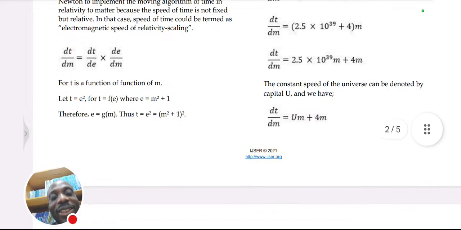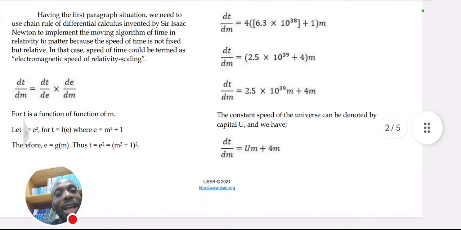Therefore, E is a function of gravity, or a function of GM. Thus, T equal E squared equal to (M squared plus 1) squared.